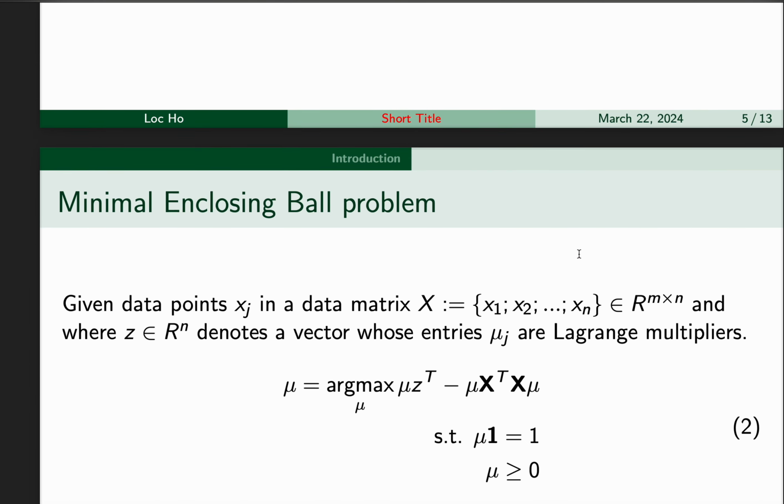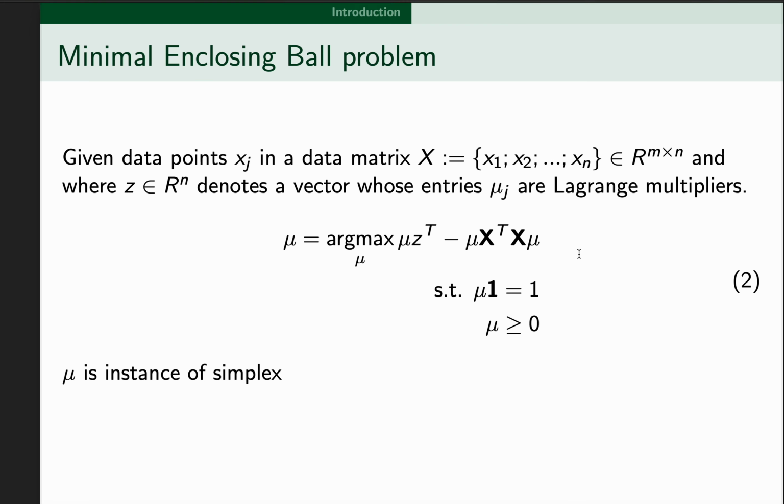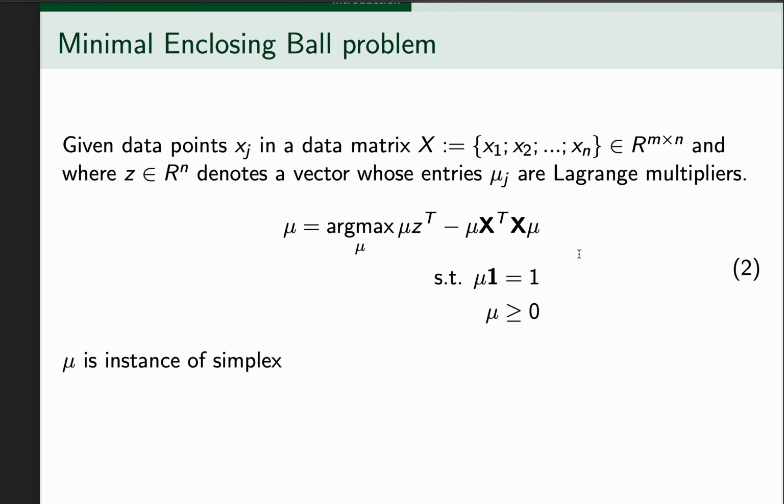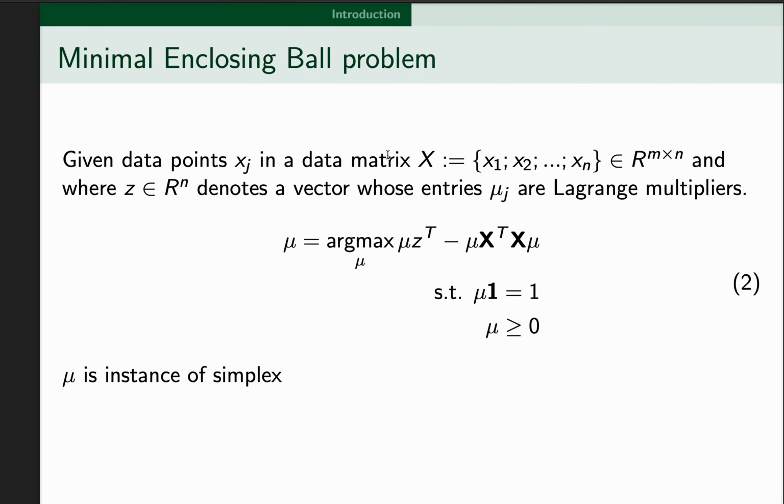Then we will solve this L2 problem by using the method to optimize the minimal enclosing ball problem. We need to transform the formula of the L2 problem to the formula of the minimal enclosing ball problem, and then apply the conditional gradient methods on this problem.